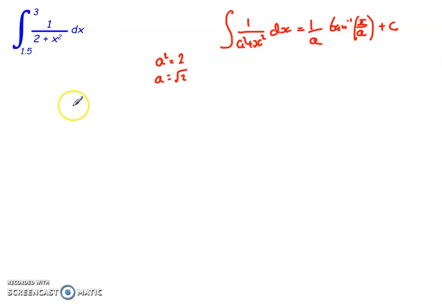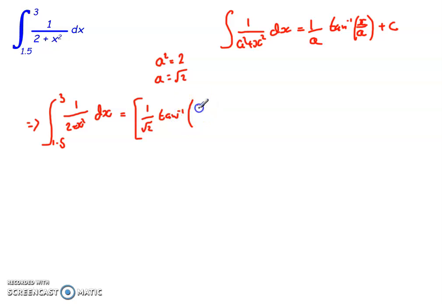So then I can use this to integrate, so what I know then is my integral 1.5 to 3 of 1 over 2 plus x squared dx can be written, put in a square bracket, of 1 over a, so 1 over root 2 times tan minus 1 of x over a, so x over root 2. And again, we don't worry about the plus c because we've got the limits, 1.5 and 3.